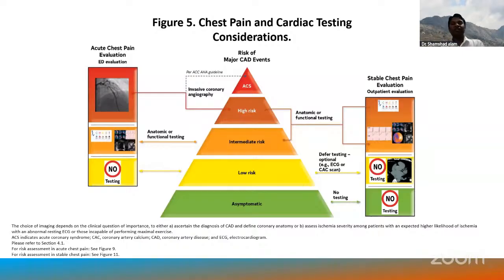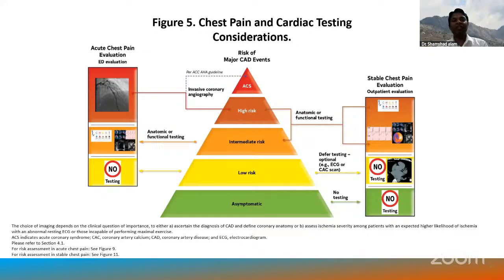Now, the main question is those patients with intermediate risk. Usually, it is said that intermediate risk patients should undergo non-invasive functional testing: stress thallium, stress echo, stress MRI. These are the kinds of tests that can be performed in these patients. But if my patient falls in the high risk group or is a patient of acute coronary syndrome, then obviously I will go for anatomic testing.